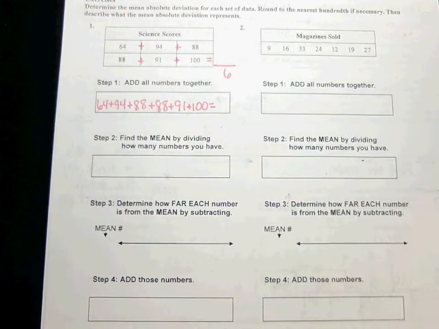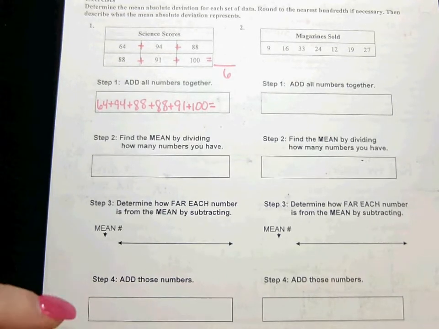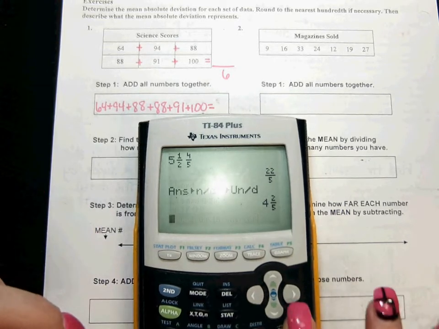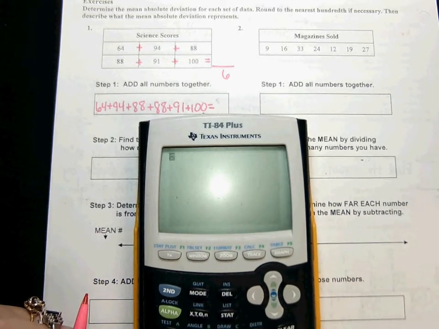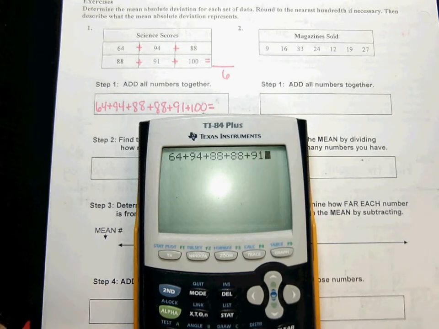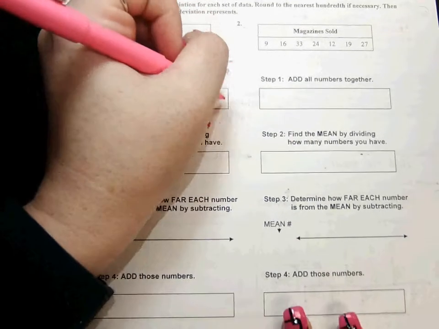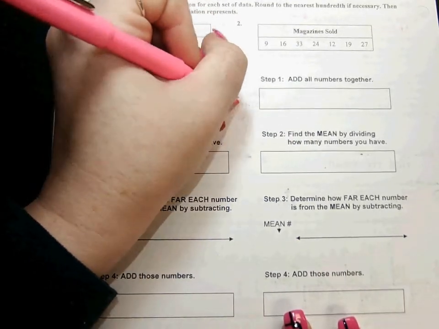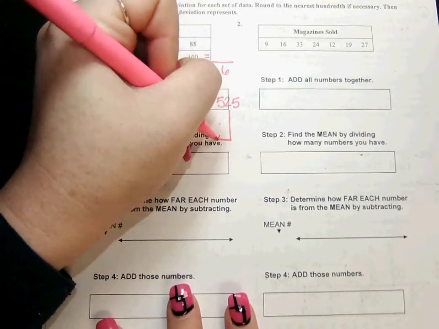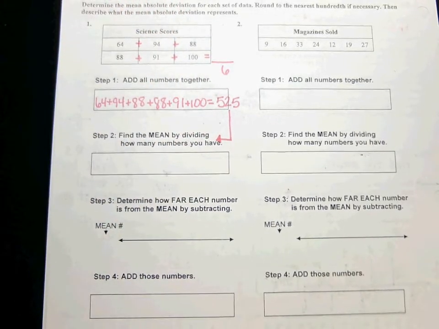When you add that, what do you get? 525. So now I use this number and I drop down to here. And I'm at step 2.